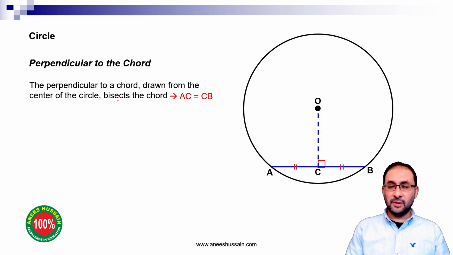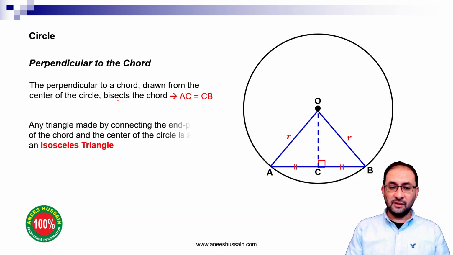Another important thing to understand is that if I were to connect line OA, that would be the radius of the circle, and also connect OB, that would also be the radius of the circle, we end up with the triangle AOB. This triangle AOB is going to be an isosceles triangle because two of the sides, AO and OB, have the same length. They both are equal to the radius.